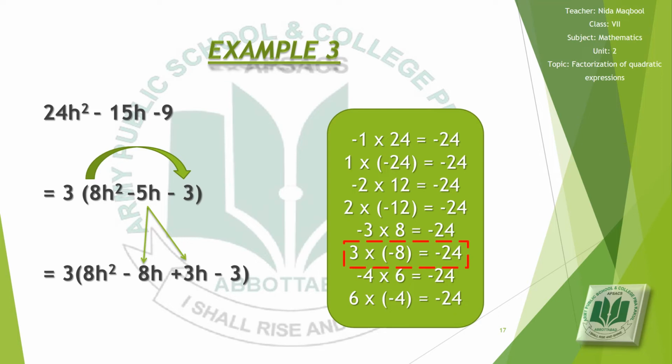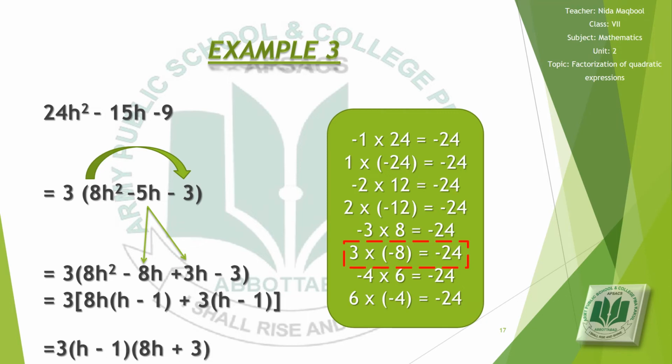In the next step, we will find out the common factor, which for the first pair is 8h and for the second one is 3. Again, finding the common factor from both the terms, which is h minus 1, we get the resultant 3 multiplied with h minus 1, 8h plus 3, which is in the product form as required.